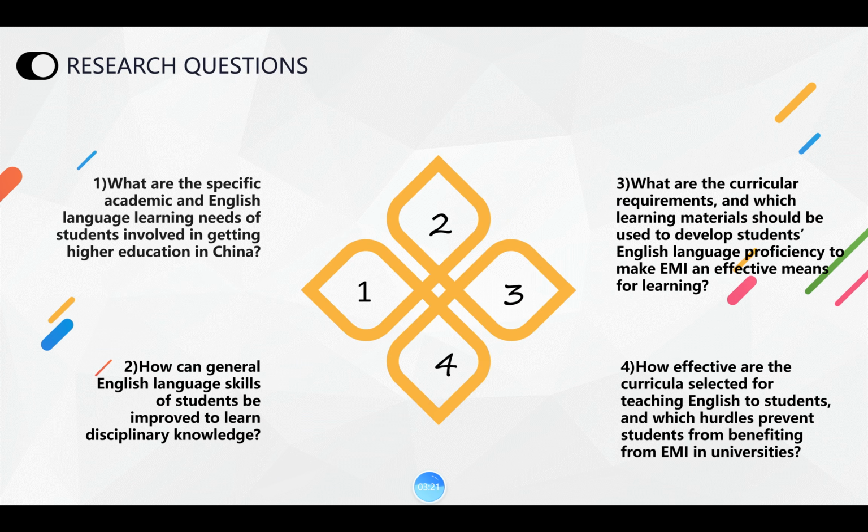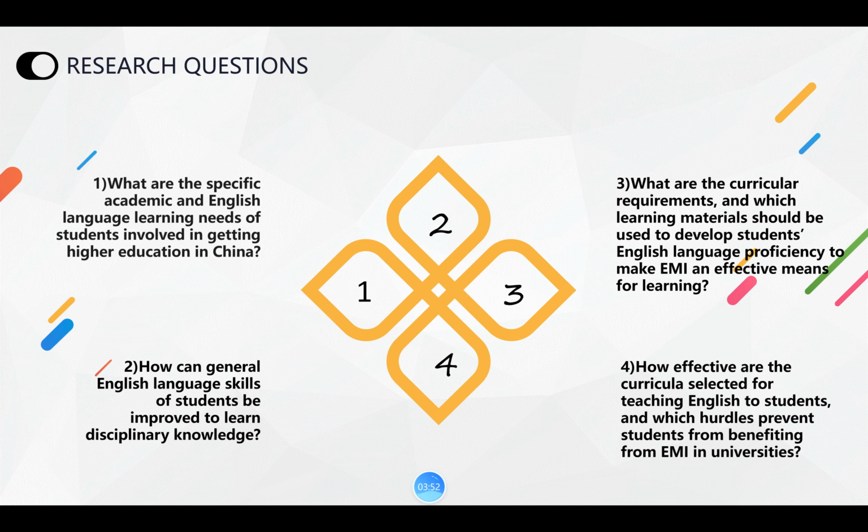And these are the research questions. Number 1, what are the specific academic and English language learning needs of students involved in getting higher education in China? 2, how can general English language skills of students be improved to learn disciplinary knowledge? 3, what are the curricular requirements and which learning materials should be used to develop students' English language proficiency to make EMI an effective means for learning?